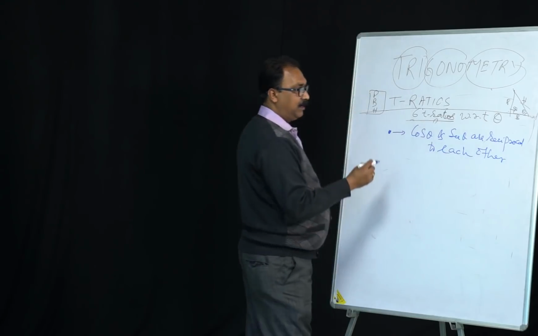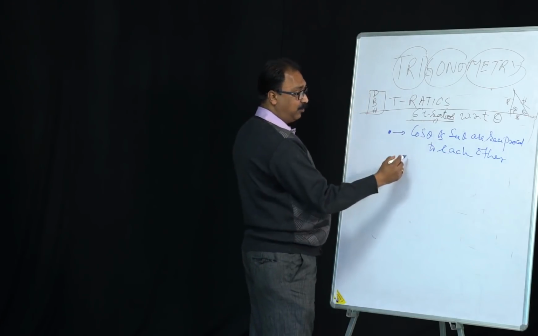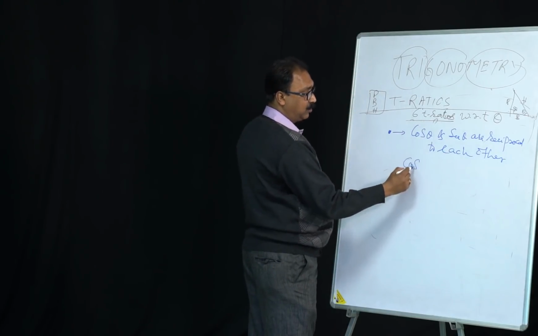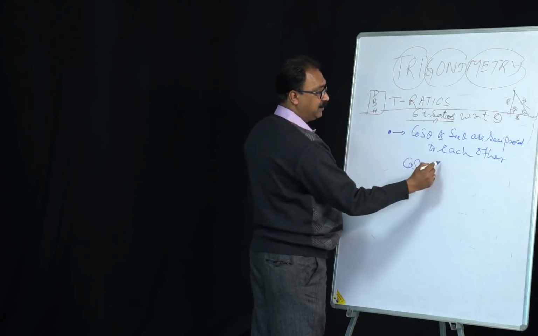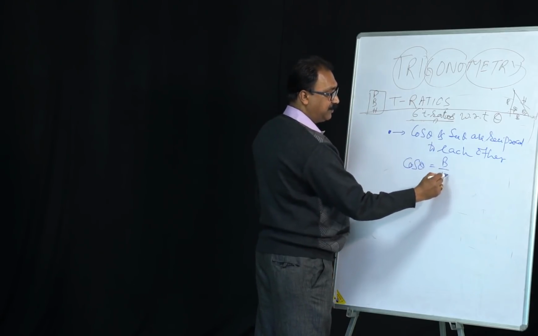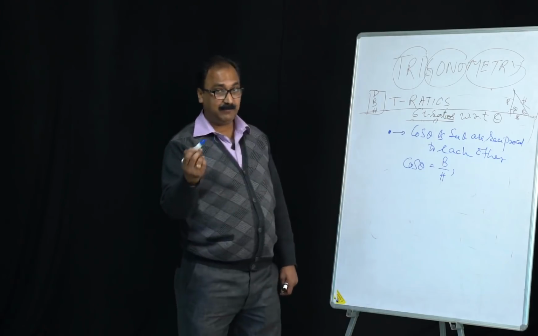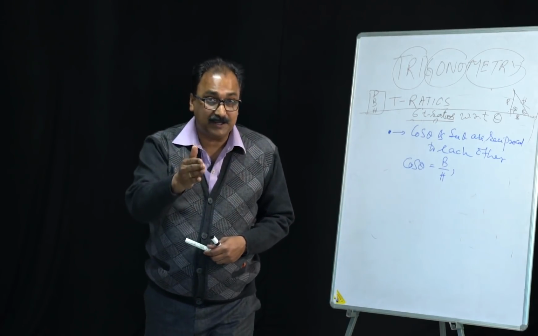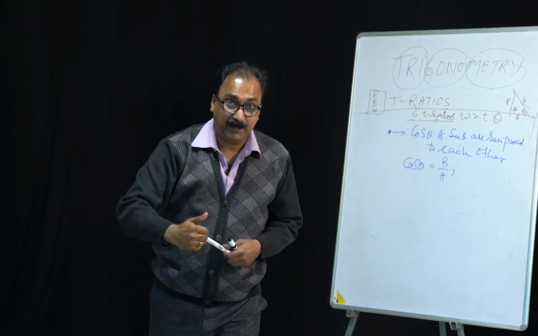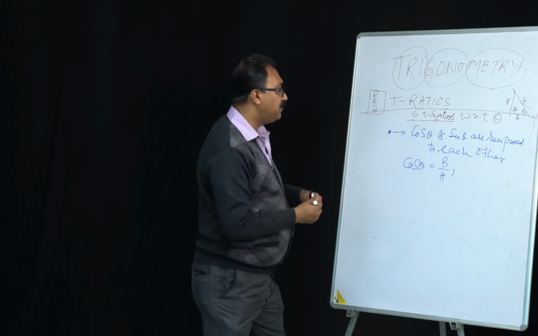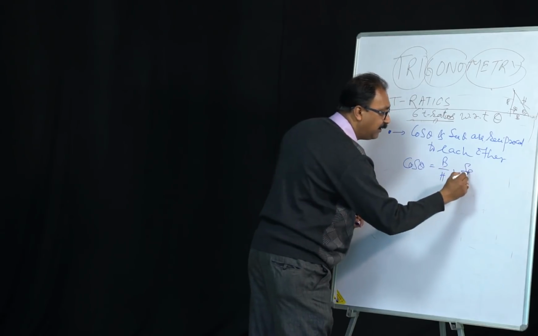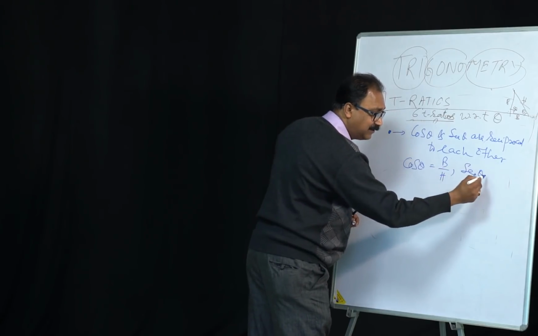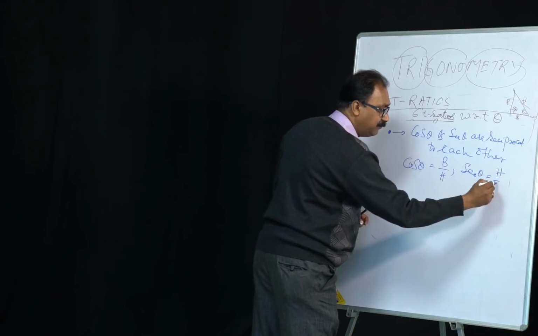Clear? Now, as you know already, cos theta is base by hypotenuse. Then what will be sec theta, tell me? As last time I told you, sine is P by H, cosec is the reciprocal, that's why it's H by P. Clear? Now cos is B by H, definitely you will get the idea. Sec theta is, yes, H by B.